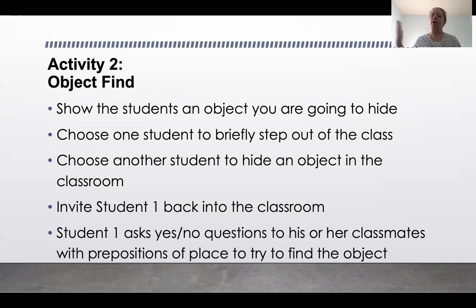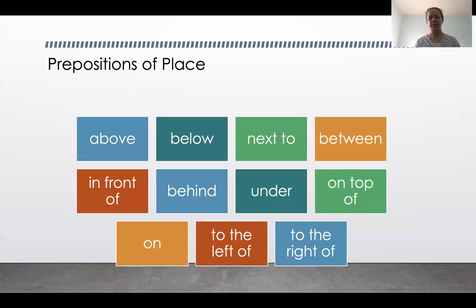Then our first participant will come back into the room. The task is for this participant to find the object. He or she will ask yes or no questions with prepositions of place to try to find the object. So I'm going to give you a few minutes now to do this activity with Alta and the participants there.